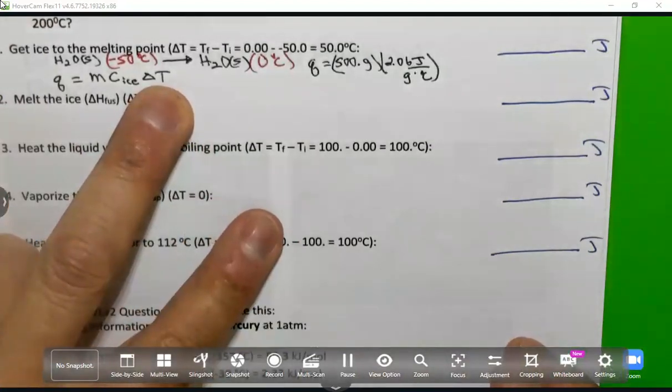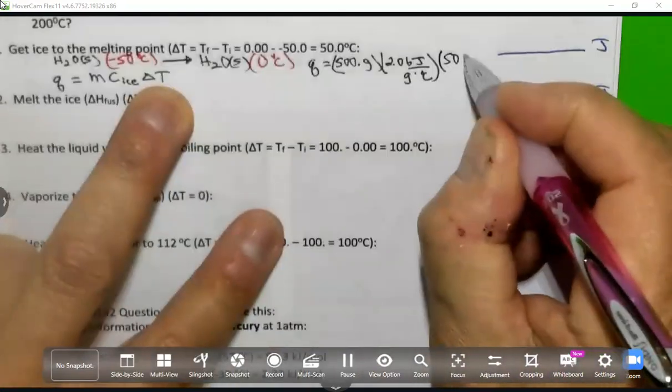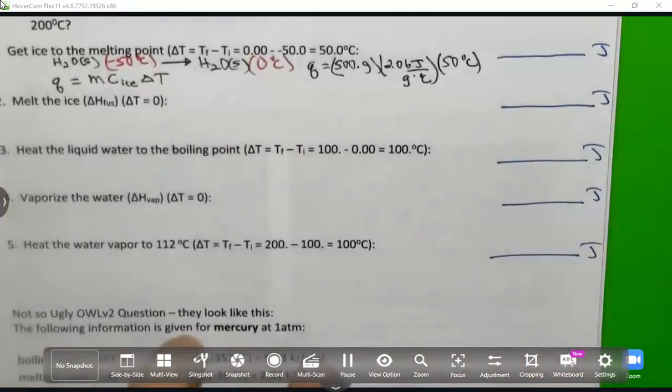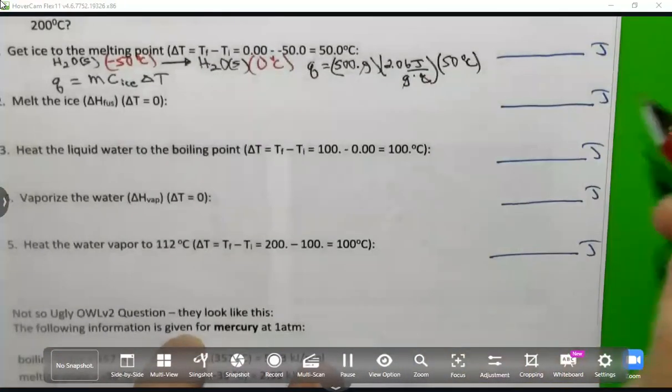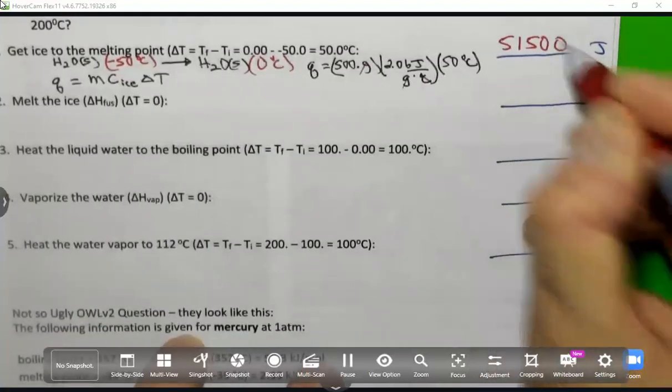I'm going to have to go from -50 to 0. My temperature change here is 50 degrees Celsius. I know my units are going to cancel out. And in this case, I'm going to get 51,500 joules.